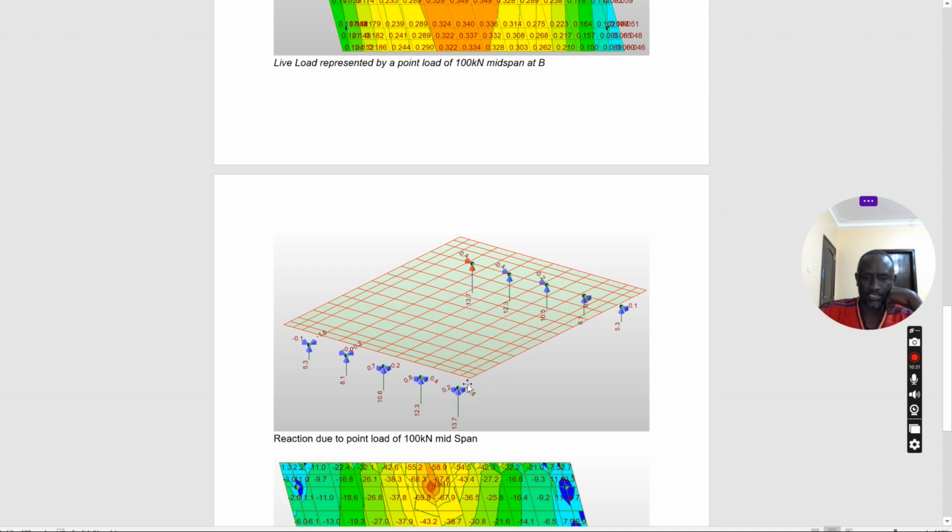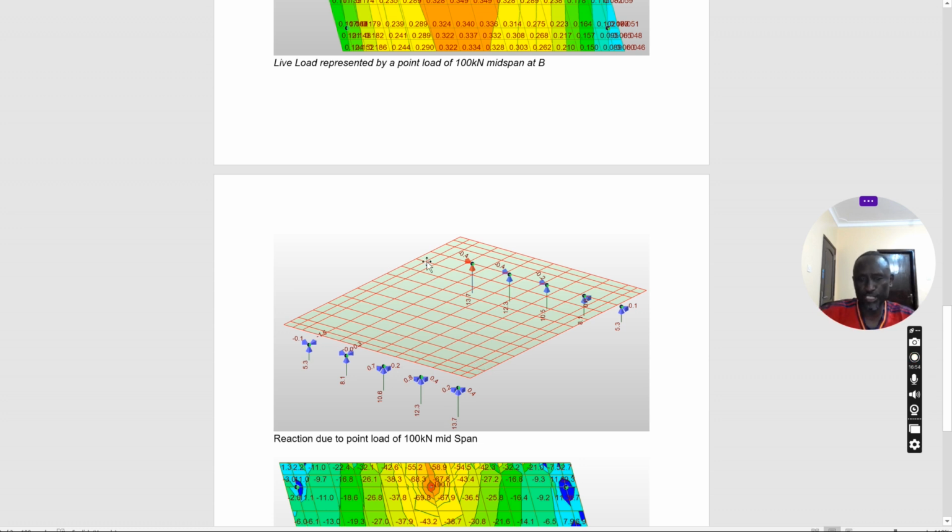You see that 13.7, 13.7. This is when you are using a 100 kilonewton load in mid-span. So you would expect to have a normal distribution, but now it is not. It is imbalanced. The acute angles are almost half of the obtuse angles.